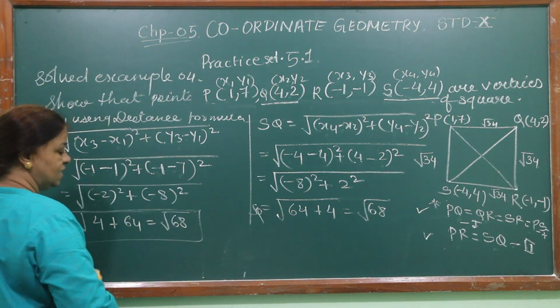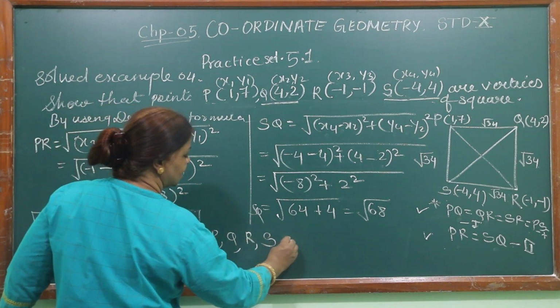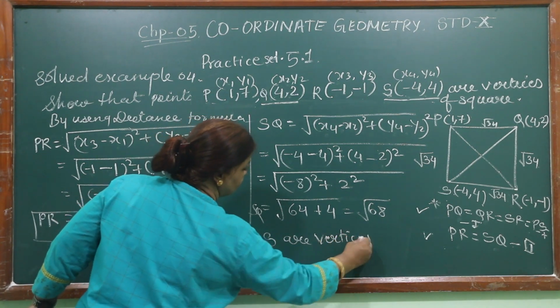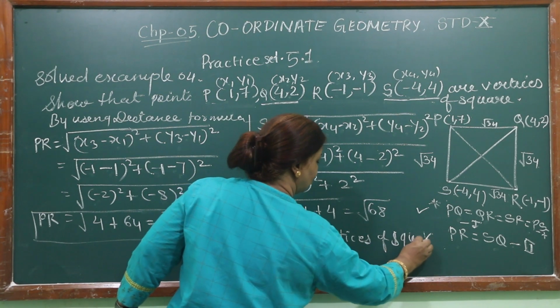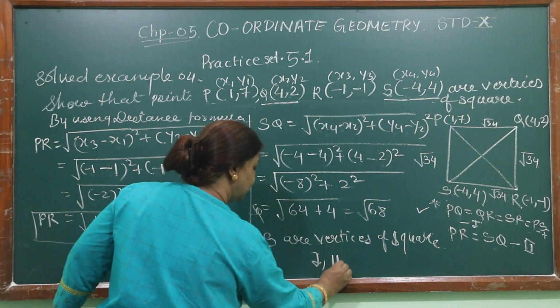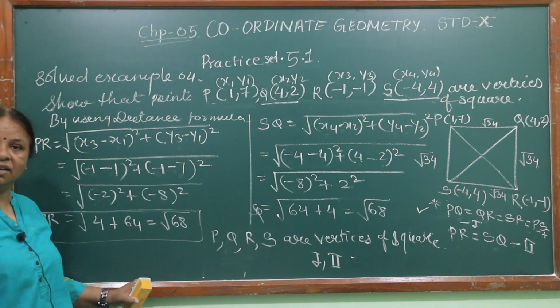So here we can say point P, point Q, point R and point S are vertices of a square. How did we get? From 1 and 2. From 1 and 2. Hence proved, children. You can pause and you can solve this.